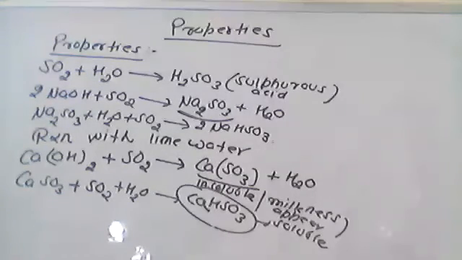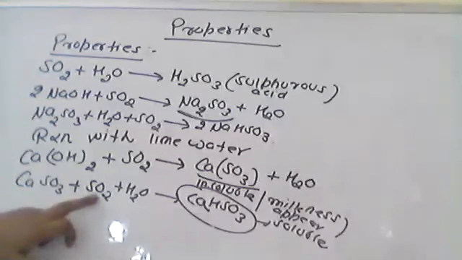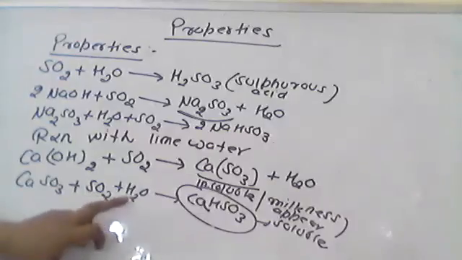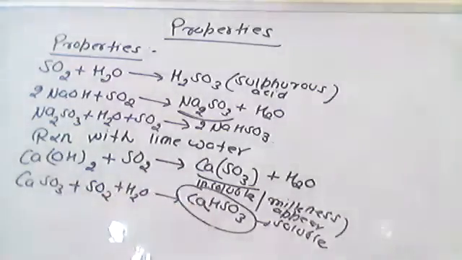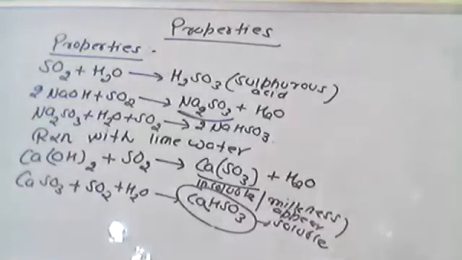But if I further continue to pass sulfur dioxide, this milkiness will disappear because of the formation of calcium hydrogen sulfite, which is soluble. So milkiness will disappear.